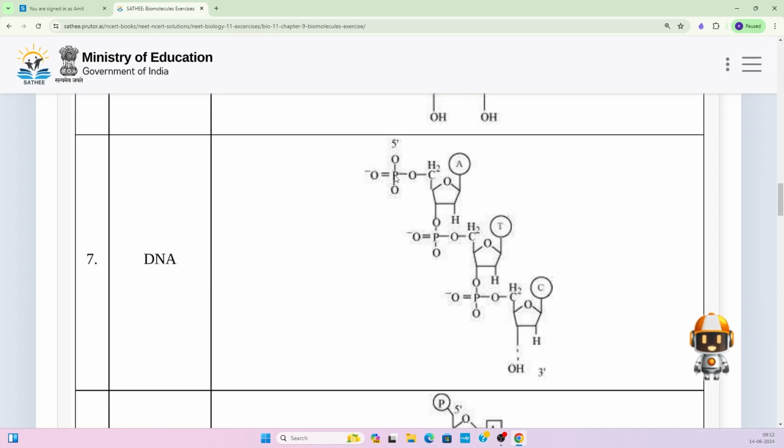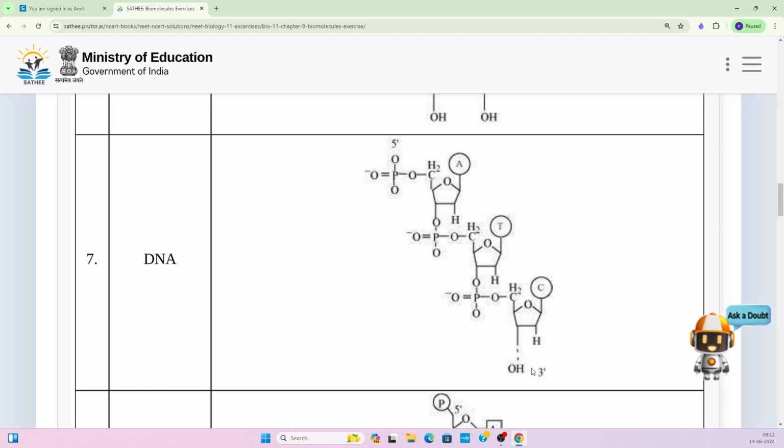Now, you can see this phosphate and sugar alternatively, right? And the nitrogenous base is inside. So this is forming the backbone of the DNA, and you can see this is the 5 prime to 3 prime orientation, or you can say the two polar ends of the DNA, right?